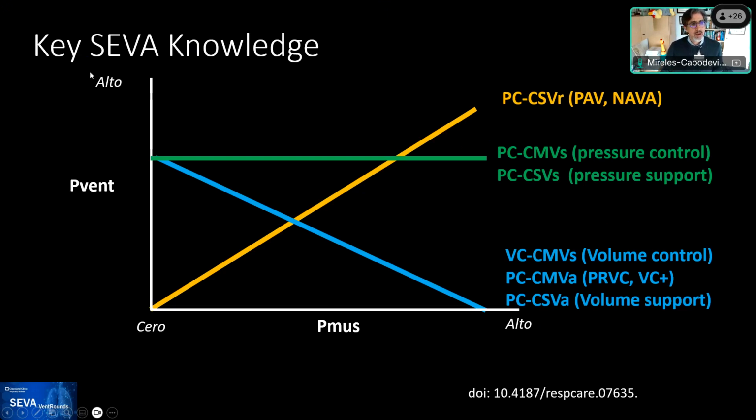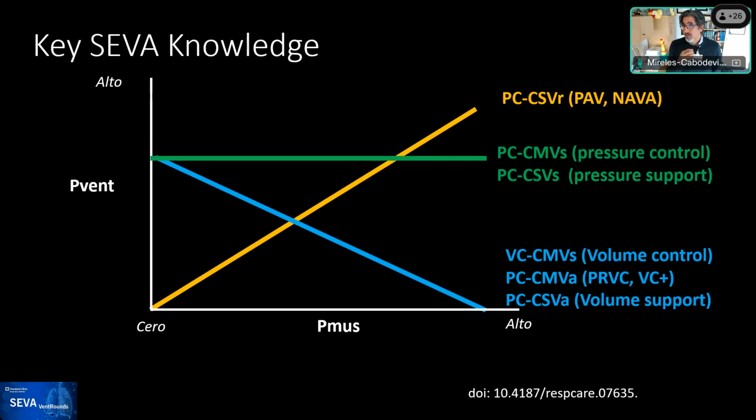And then the same happens for the pressure from the ventilator. You have here a relationship that is very common that we call inverse relationships, meaning as the patient is doing more effort, the pressure from the ventilator goes down. The classic interaction here is volume control, PRVC, and volume support.